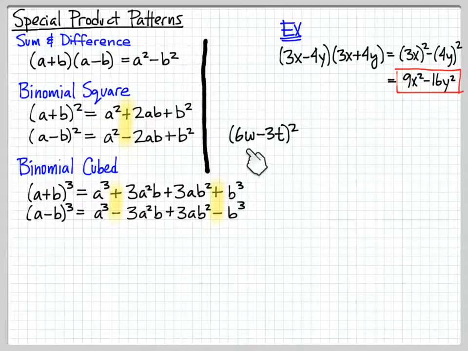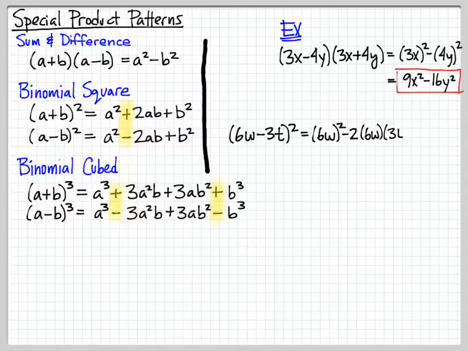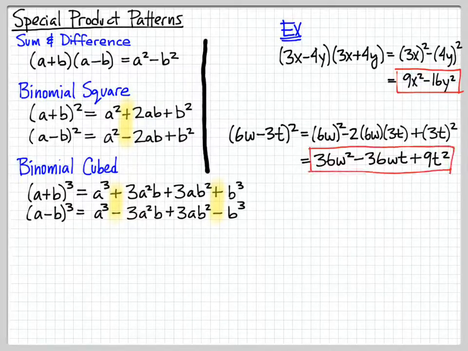A binomial square. This is like my a minus b squared. I can write it out like this using my pattern. This is like my a squared minus 2ab plus b squared.